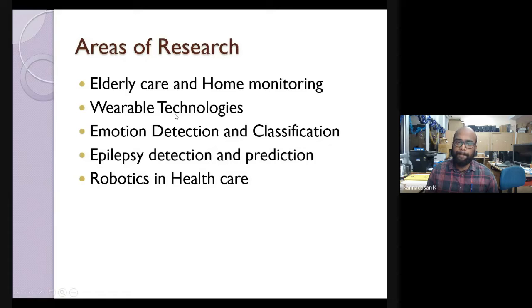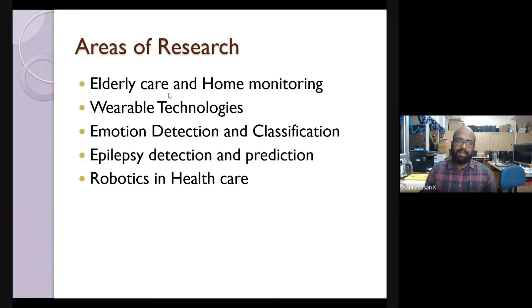So possible areas of research in these BCI systems are like elderly care and home monitoring. Assume there is some autistic child or an elderly person at home who is having difficulty in talking.